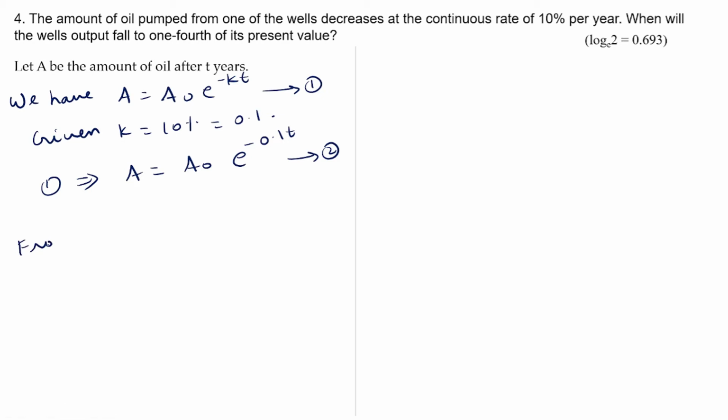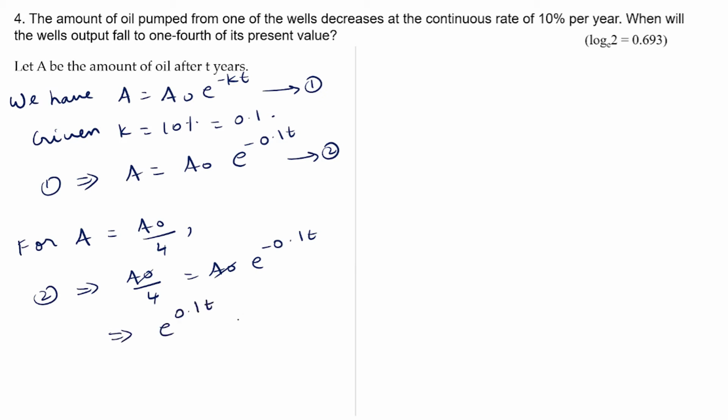For A equal to A0 by 4, 2 implies A0 by 4 equal to A0 into e raised to minus 0.1 t. A0 will cancel. If we cross multiply, we get e raised to 0.1 t equal to 4.